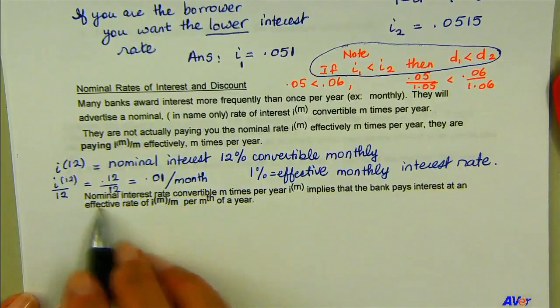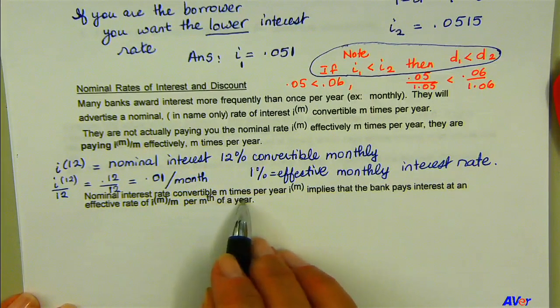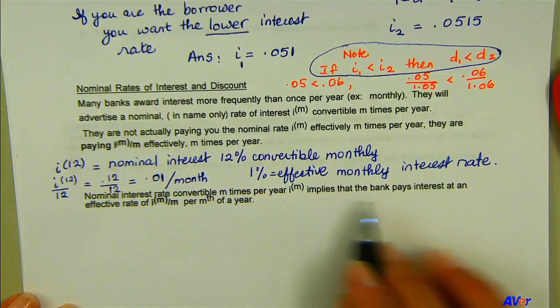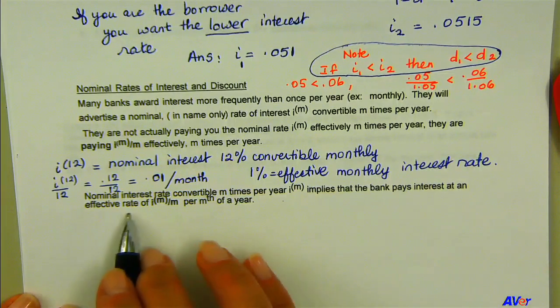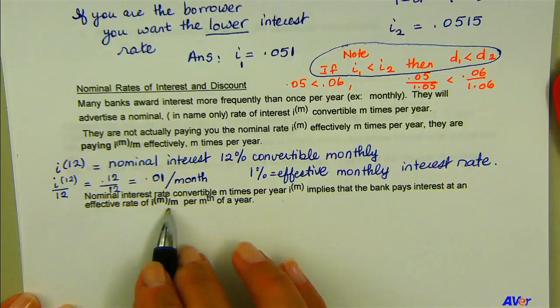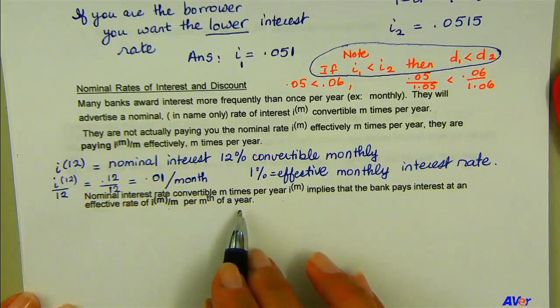So it says here nominal interest rate convertible m times per year implies that the bank pays interest at an effective rate i^(m) over m per 1/m of a year.